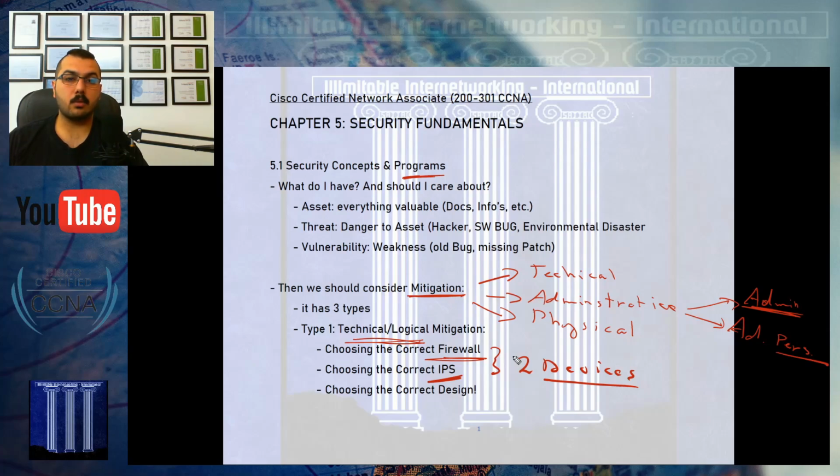This is normal. So the moral of this story that I was talking about is that choosing the correct firewall from manufacturer A doesn't necessarily mean that the same manufacturer can produce the correct IPS. So I have the best firewall and I connect it with the best IPS, just in case I needed an IPS.